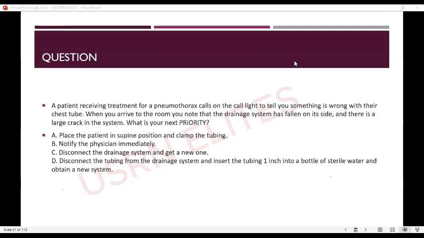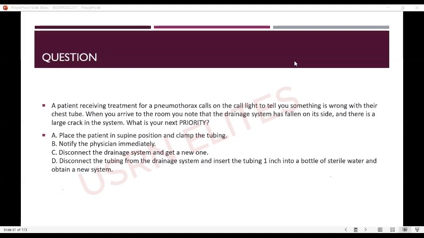When you arrive in the room, you note that the drainage system has fallen on its side and there is a large crack in the system. What is your next priority? A. Place the patient in supine position and clamp the tubing. B. Notify the physician immediately. C. Disconnect the drainage system and get a new one. D. Disconnect the tubing from the drainage system and insert the tubing 1 inch into a bottle of sterile water and obtain a new system.